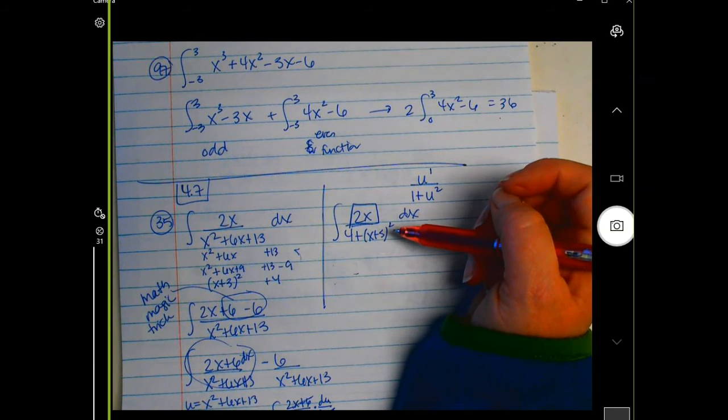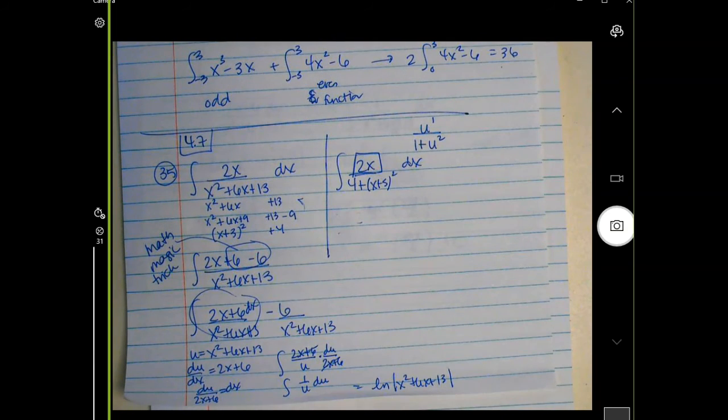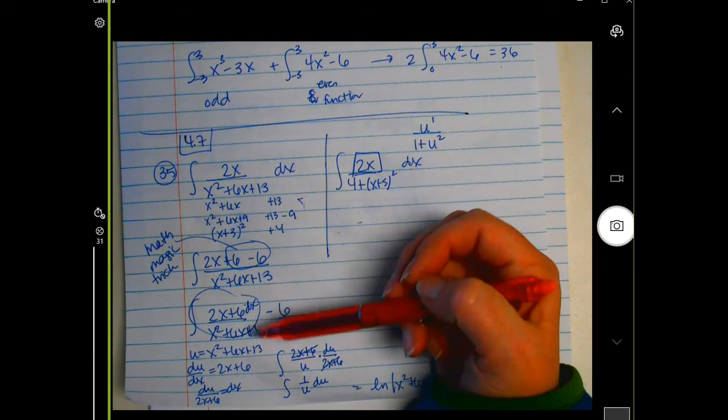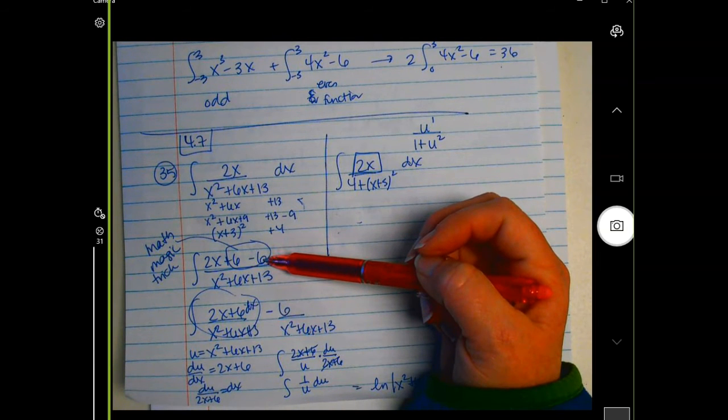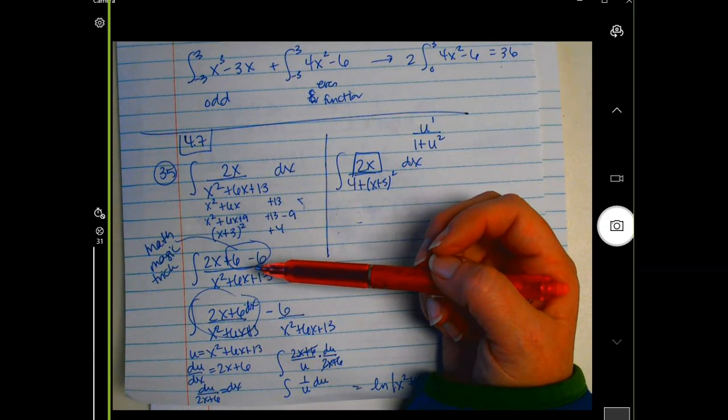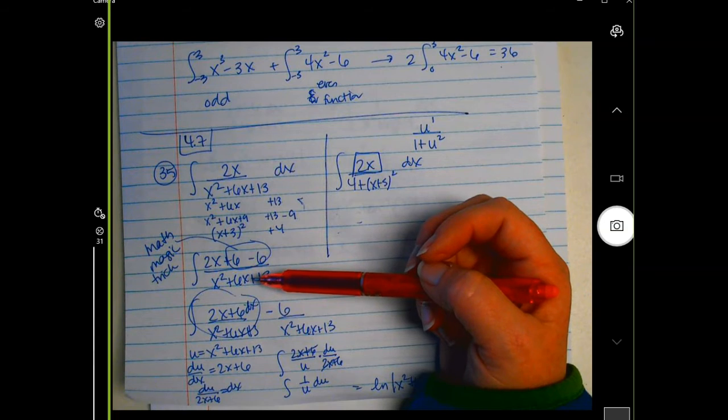So, and I'm going to be completely upfront. I looked up how to do this problem because adding the 6 and subtracting the 6 to the top, this math magic, was not something that I came up with. It was something that I learned from doing this particular homework problem. And you saw me this year go look it up because I didn't remember how to do it either.